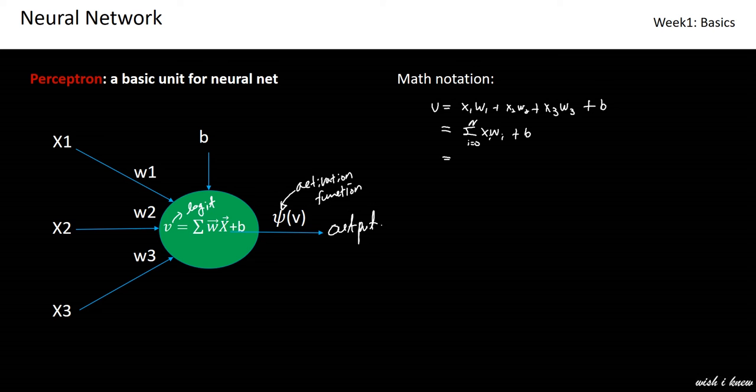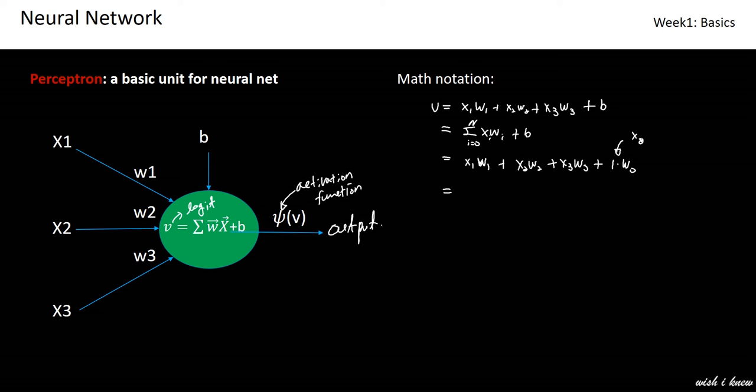Or another way of doing it is to write it like this. Actually, I'm going to call this one W0, because this is the bias. It doesn't really matter. I'll just call it X0.